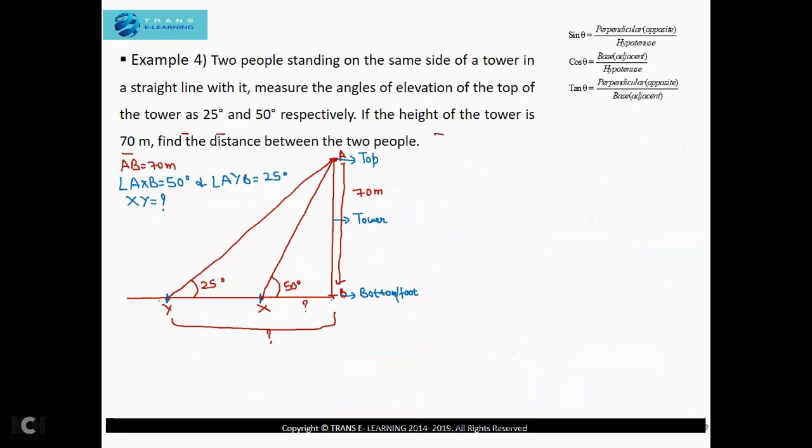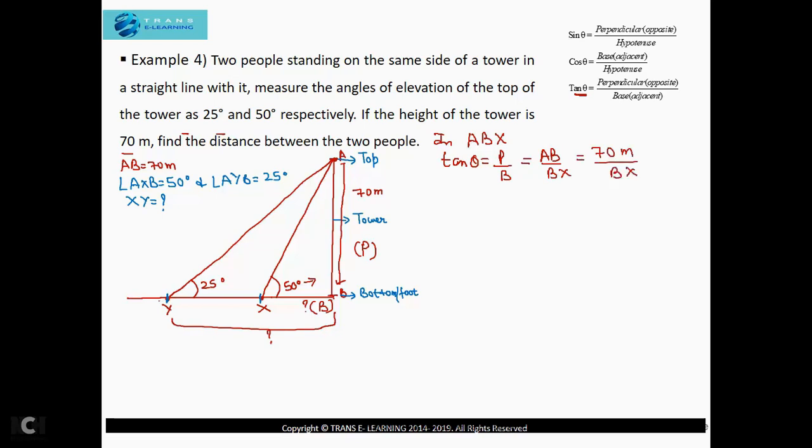So first of all, I will consider triangle ABX. And if I take into consideration this angle 50°, then AB represents perpendicular and BX represents base, and tan theta is the trigonometrical ratio which relates perpendicular to base. So here tan theta is equal to perpendicular upon base, that will be equal to AB upon BX, that will be equal to 70 meters upon BX.